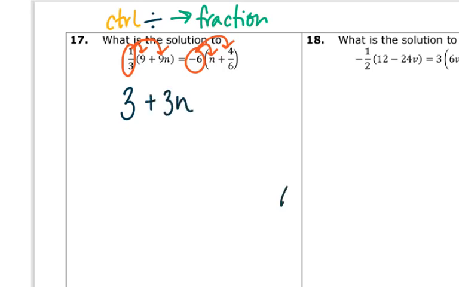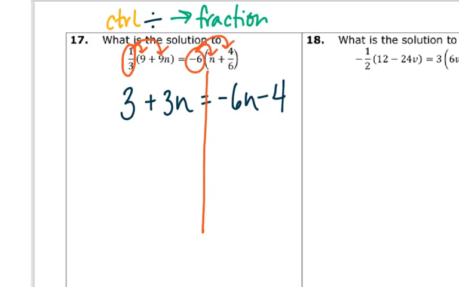There's an n this time. Then I have an equal sign. -6 times n is -6n. -6 times Control Divide 4/6, that would give you the answer -4. You can also multiply fractions by pencil and paper as well. So now we got rid of fractions, very easy.